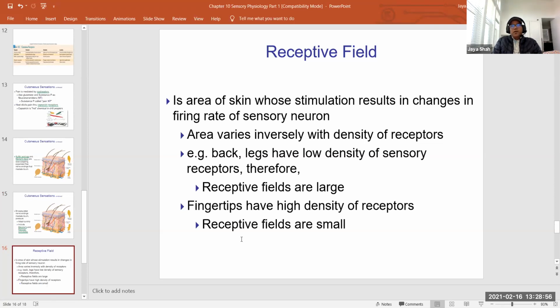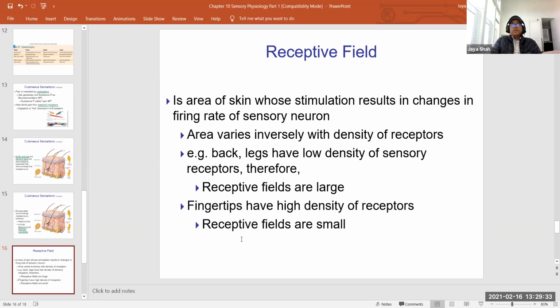If you touch your face and if you touch the back of your thigh or back of your leg, will you feel the same way? No. If you have a cut or pinching in your face and pinching in your calf muscle, will they cause the same level of pain? No. Why? Because different areas have different density of receptors.